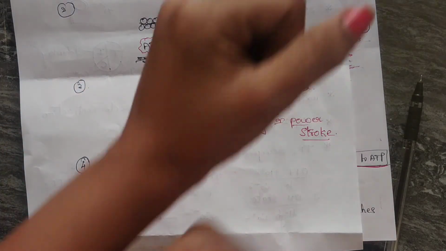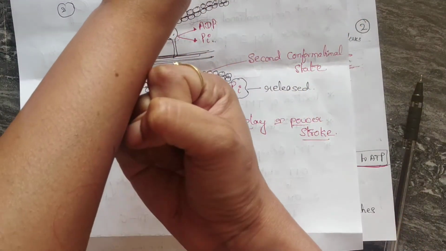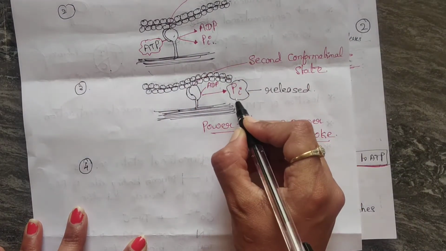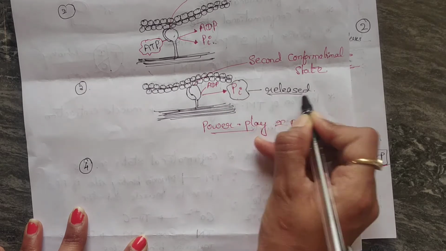The binding of the myosin head to the actin filament causes the release of inorganic phosphate. What happens when it binds at the second conformational state? It releases the inorganic phosphate.